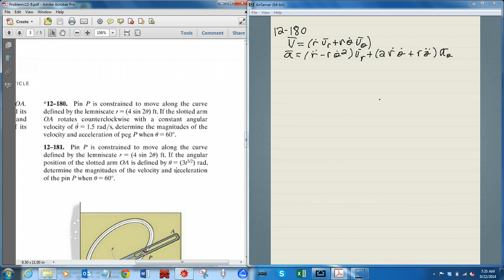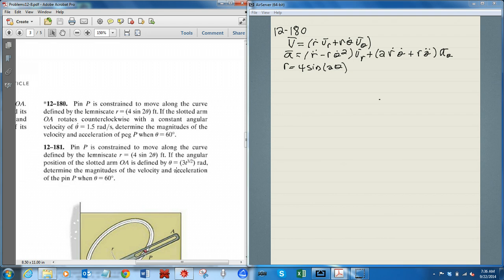Okay, what I say is plug and chug, but yeah, let's write down the knowns. What do we know? Let's see, number 180. I know r equals, let's see, it's 4 sine 2 theta. All right, and I also know that it rotates at constant angular velocity.